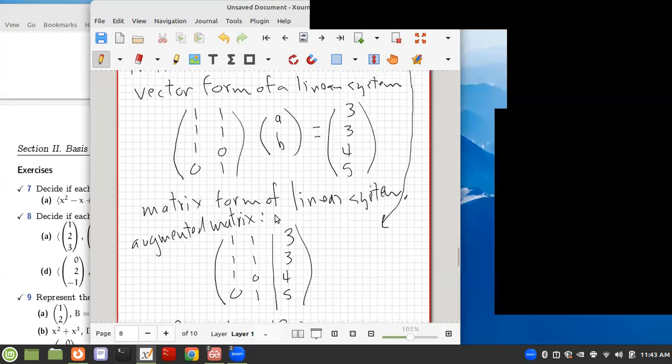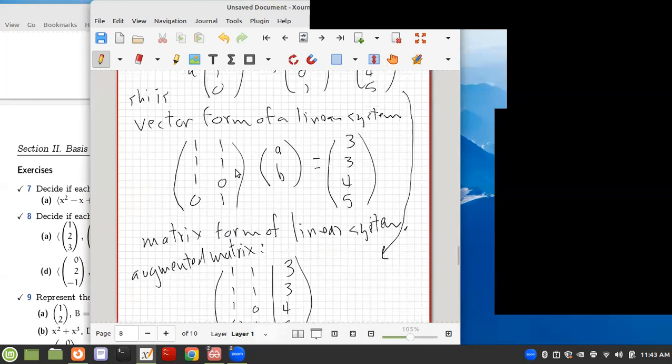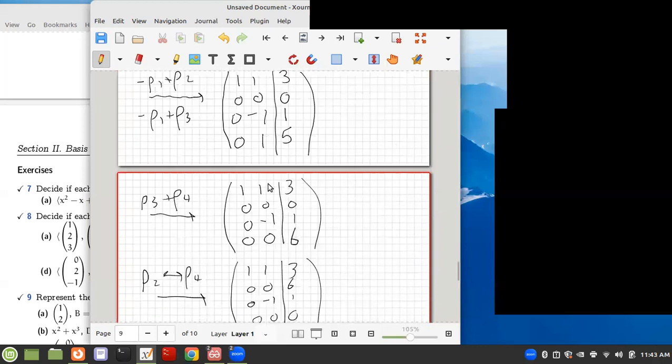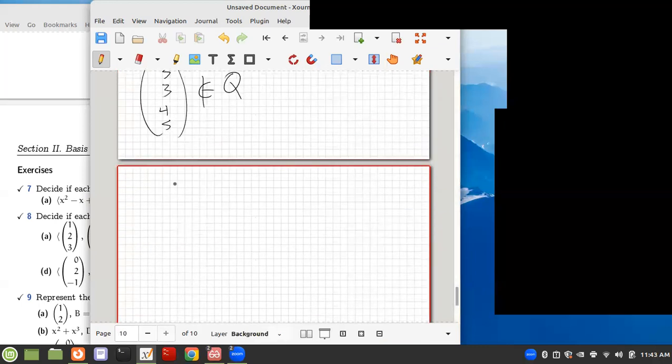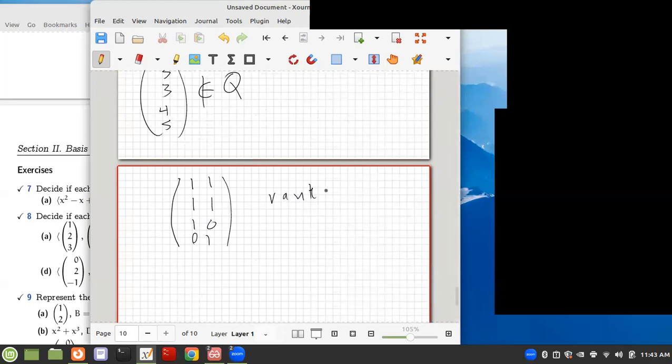But let's look at the coefficient matrix here, 1, 1, 1, 1, 1, 0, 0, 1, and ask, what is the rank? Let's call this N, rank of N. We could choose either the row space or the column space.